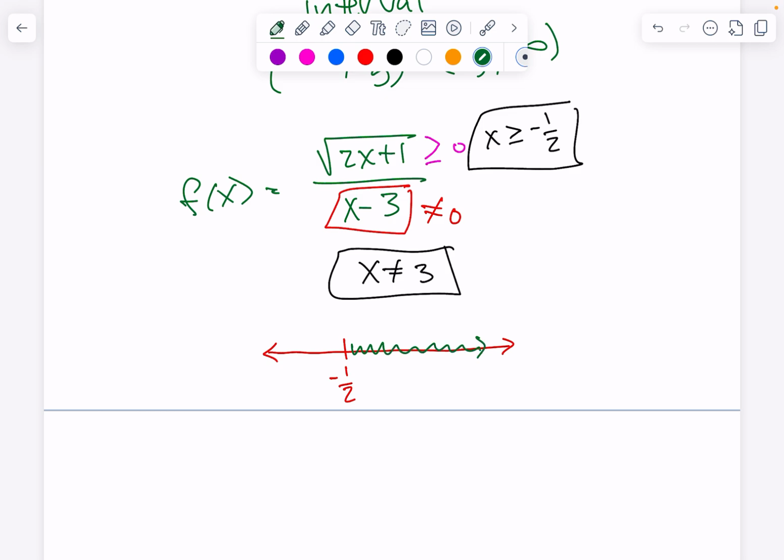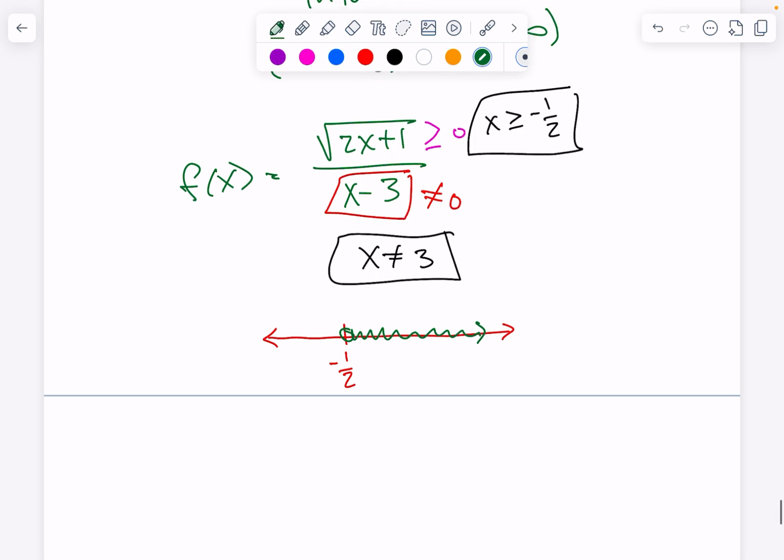That is the green line, the number line for the numerator. And we'll do the number line now for the denominator. x cannot equal 3. So over here, x cannot equal 3. So the number line for this one would look like this.